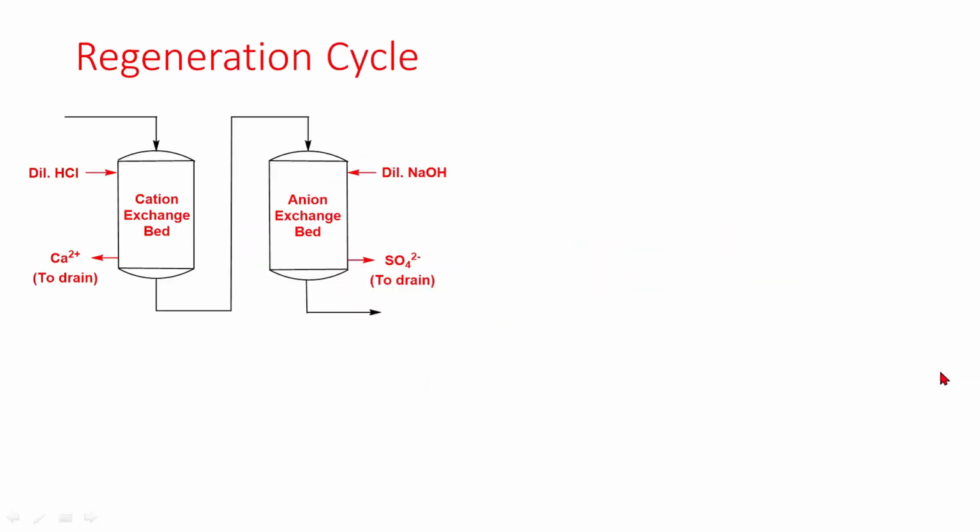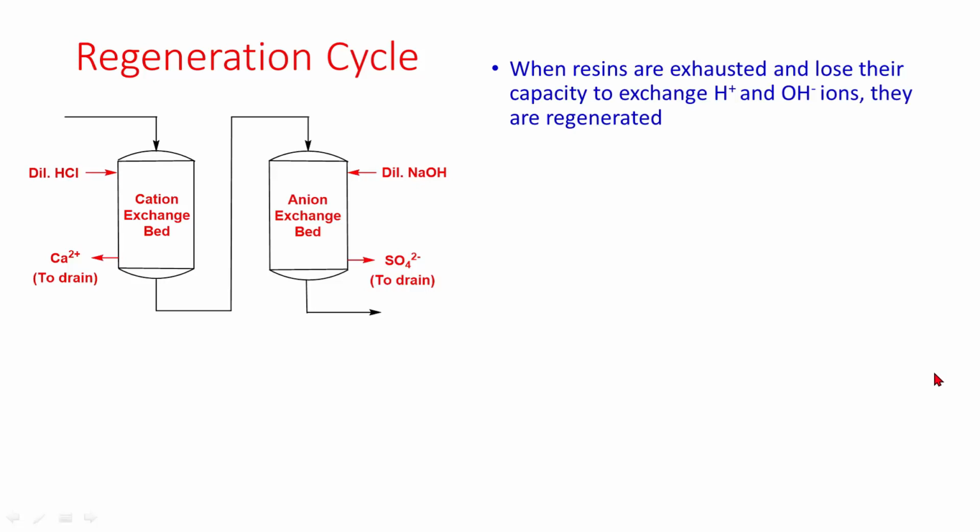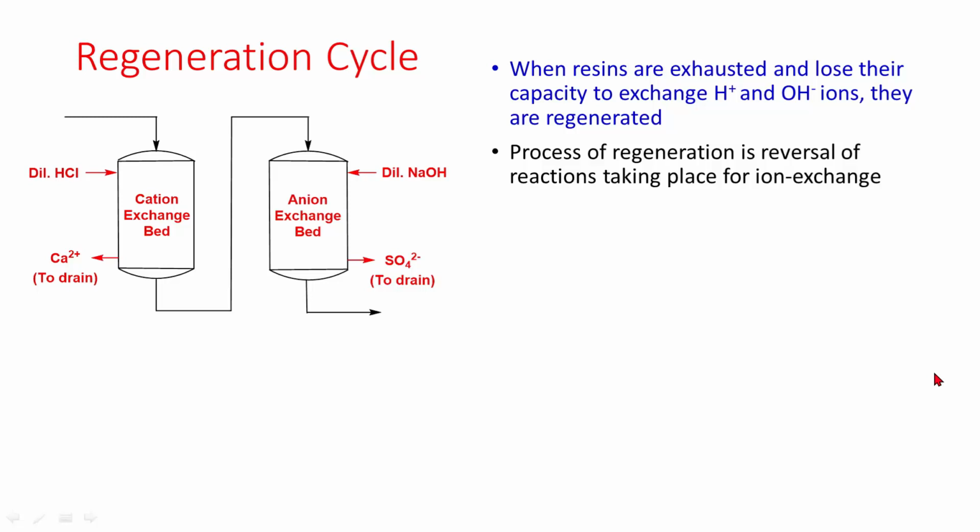In a regeneration cycle, when resins have exhausted their capacity and lose the capacity to exchange H ions and OH ions, they are to be regenerated. The process of regeneration is a reversal of reactions taking place for ion exchange.